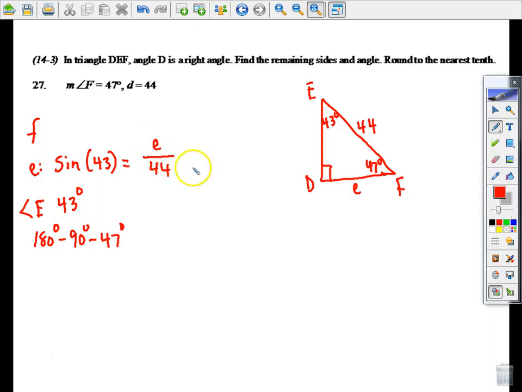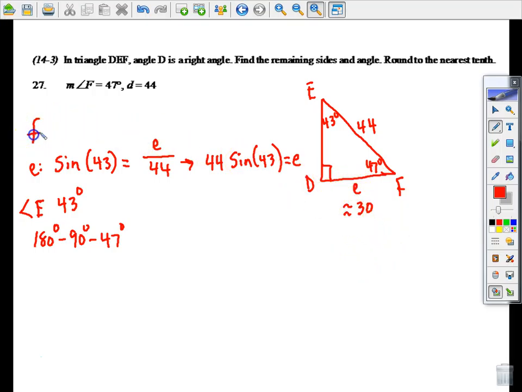So to find E, we basically just have to multiply by 44 on both sides. So do in your calculator 44 sine 43, and that's going to give us side E. Let's see what we get. 44 sine 43 comes out to be 30.000. We're rounding to the nearest tenth, so we're just going to say that E is approximately 30.